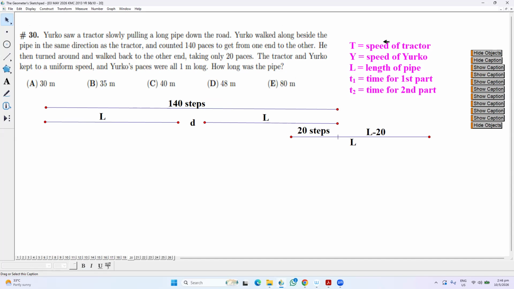So we have so many unknowns. We try to form the equation. Y times T1 is 140. Speed times time is the distance, 140 steps.